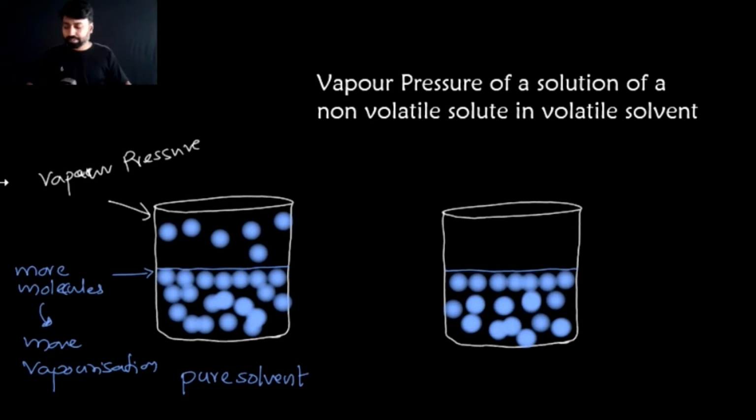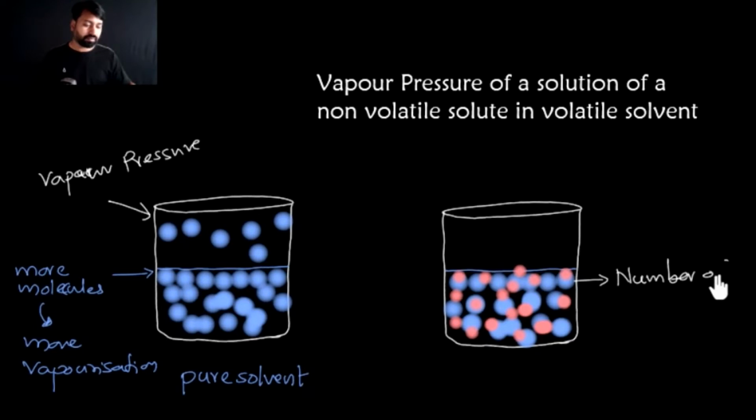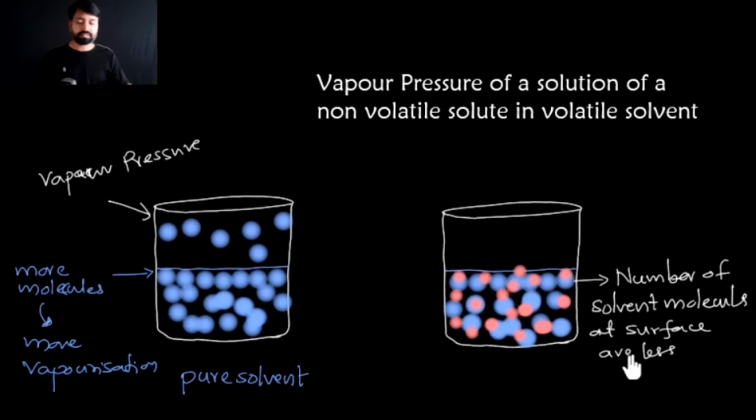Now in the second compartment, I will add some kind of solute, and those solutes occupy the surface as well as dissolve in the solvent, forming a solution. In this case, the number of solvent molecules at the surface level is less.